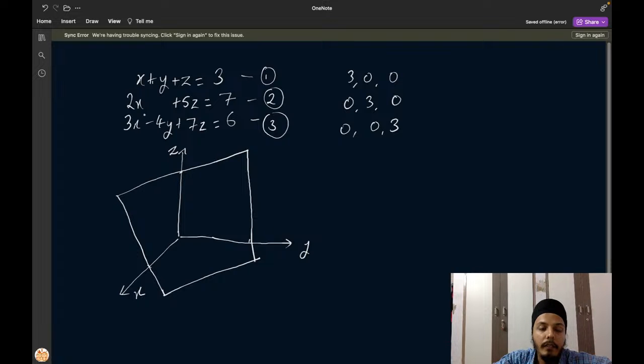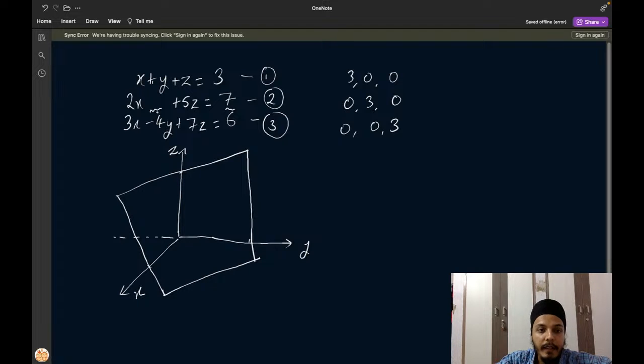Similarly, we can have a plane for our second equation, that is 2x plus 5z equals 7. Here we don't have any coefficient for y, it is 0. So this plane will pass through the y-axis.